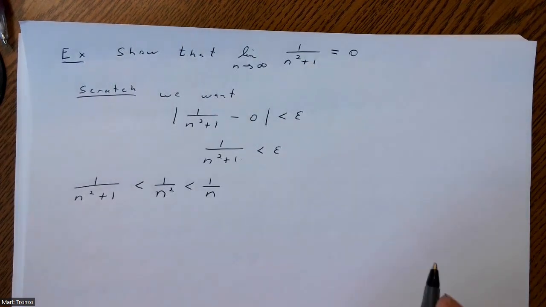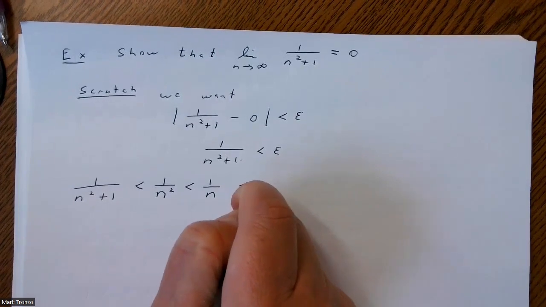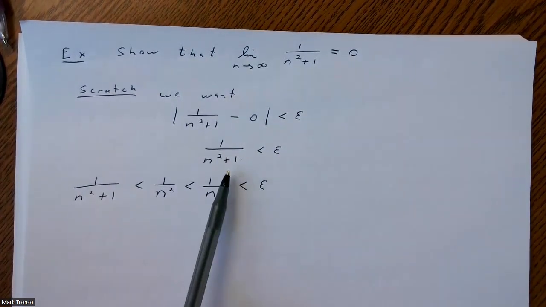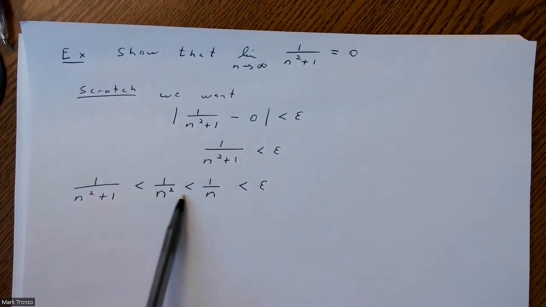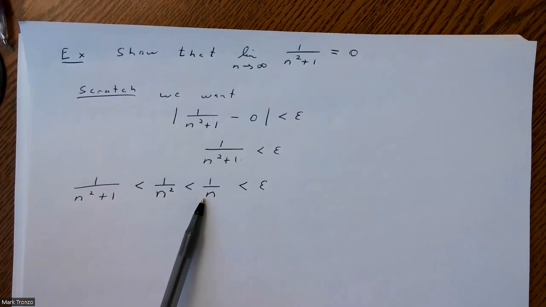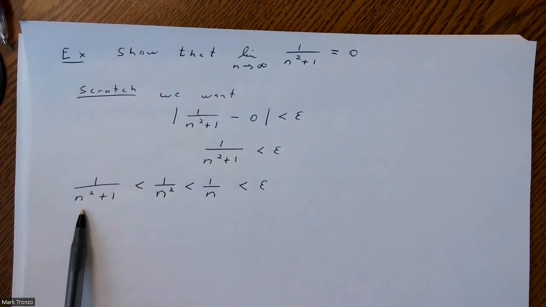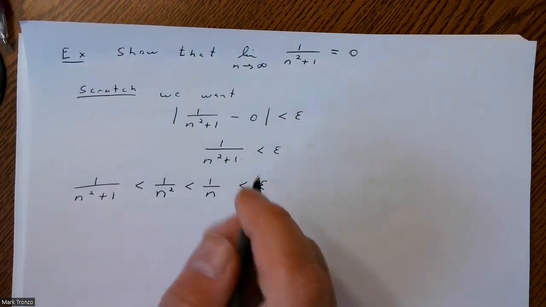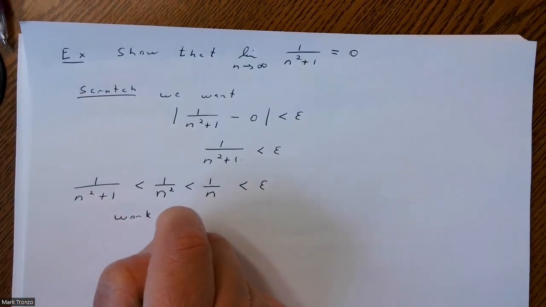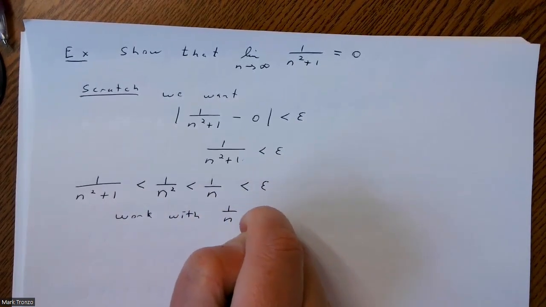So now, instead of trying to do this directly, which would get really messy, we're going to try to bound something bigger, because if epsilon is bigger than this, and that's bigger than that, then epsilon is bigger than this. So we'll work with this right here. And let me just write that down, with 1 over n.